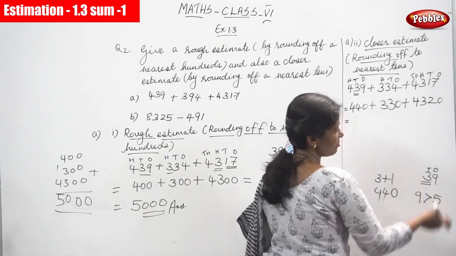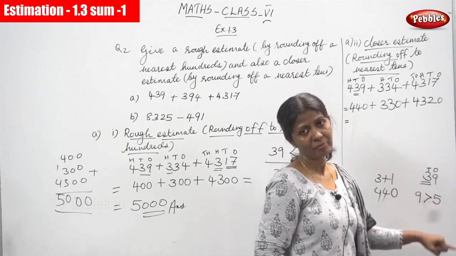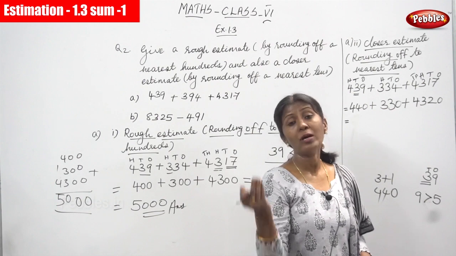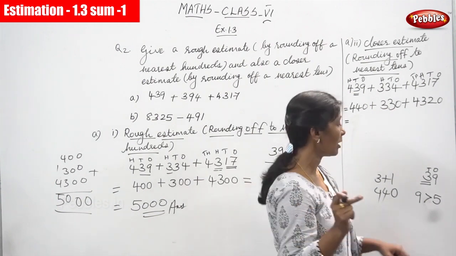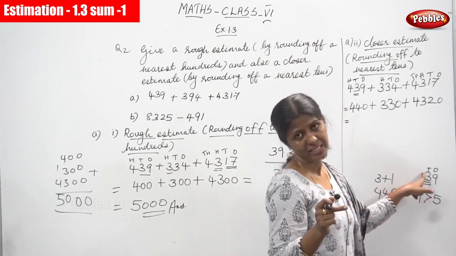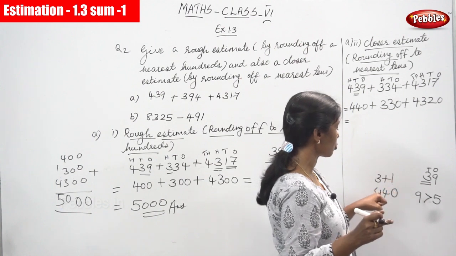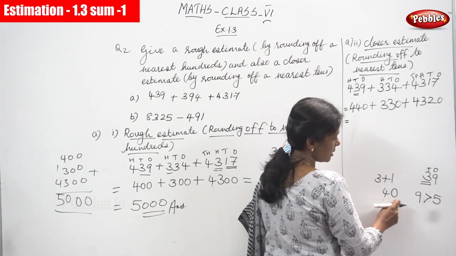What is the number in the ones place? 9. 9 is greater than 5. That means what is the rule? If 5 or above comes, you have to add 1 with the tens place value. So 3 plus 1 becomes 4.